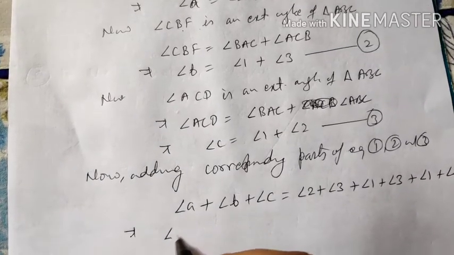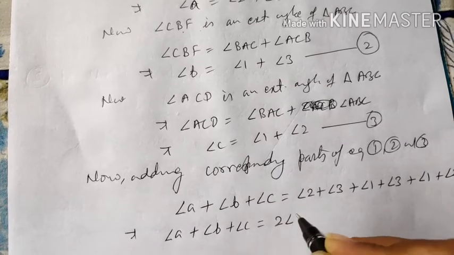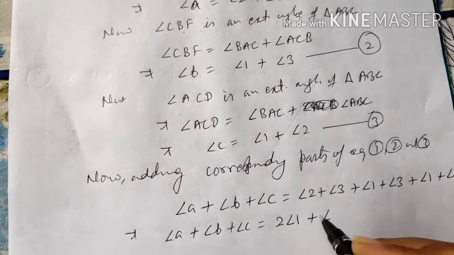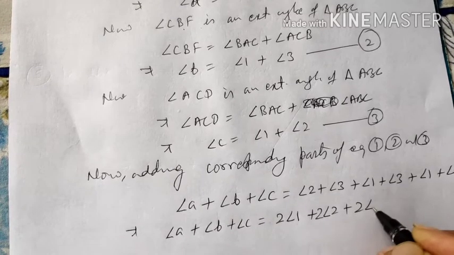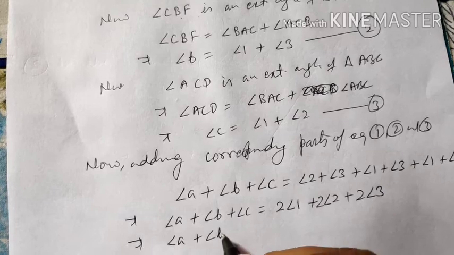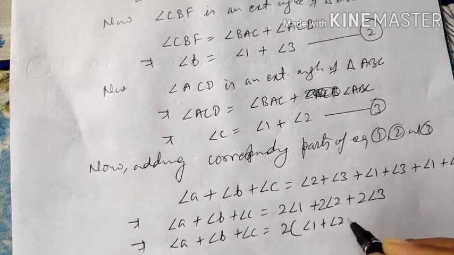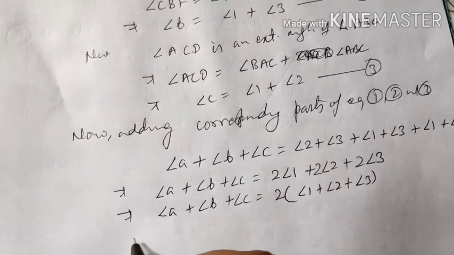So this implies angle A plus angle B plus angle C equals twice angle 1 plus twice angle 2 plus twice angle 3. This implies angle A plus angle B plus angle C equals twice of angle 1 plus angle 2 plus angle 3.